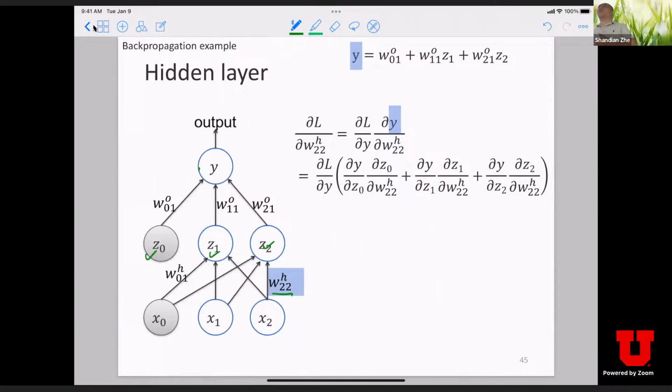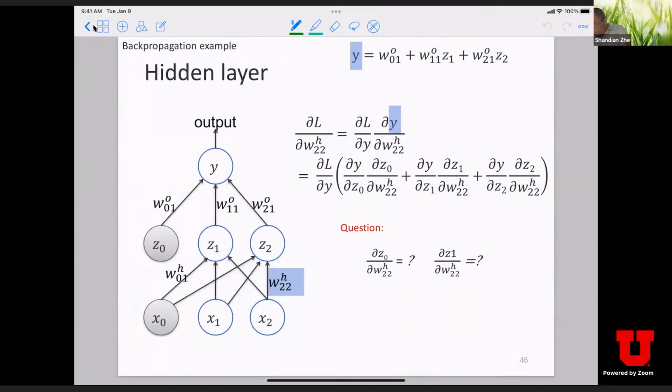So we can apply the chain rule: partial Y over partial Z0 times partial Z0 over partial W22H, plus partial Y over partial Z1 times partial Z1 over partial W22H, plus partial Y over partial Z2 times partial Z2 over partial W22H. It makes sense, right?